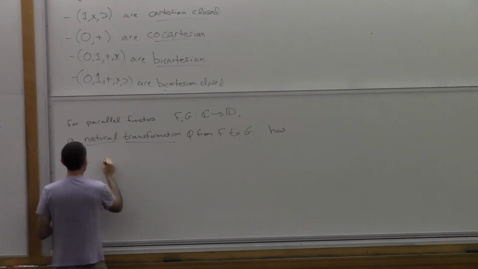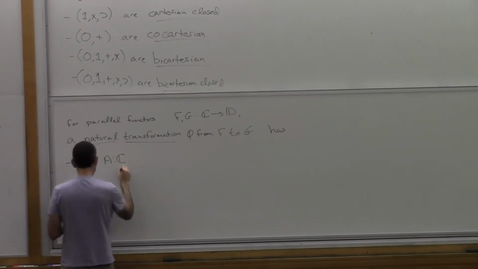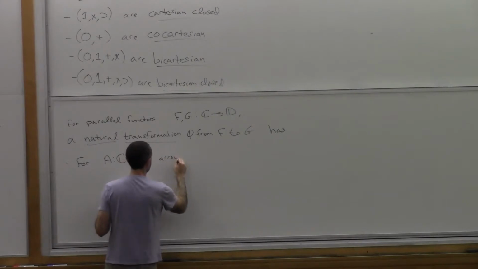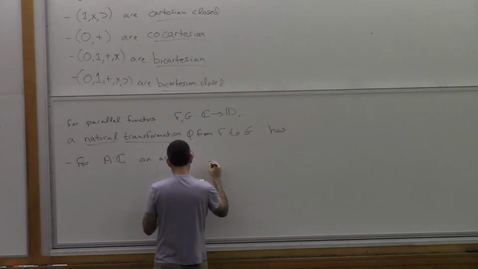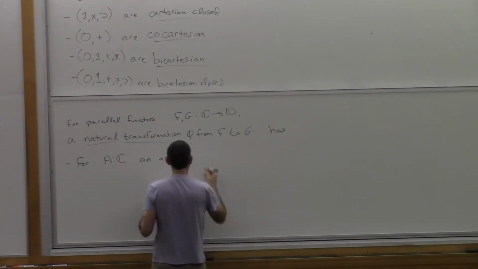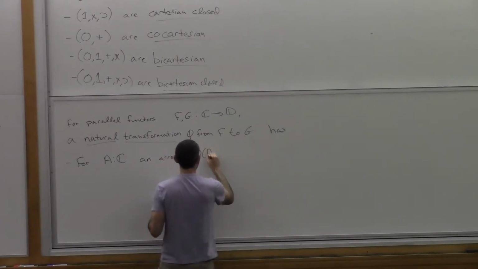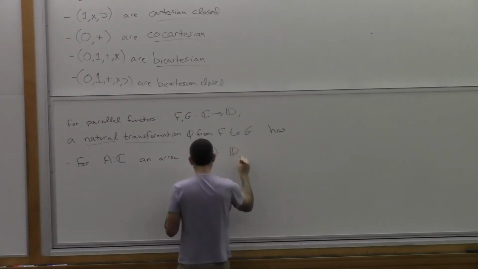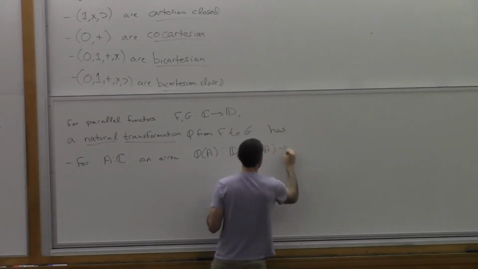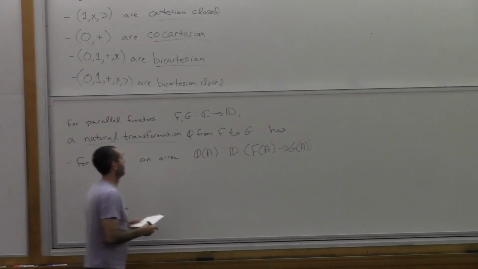For each object A in C, an arrow in D, so an arrow which is called phi of A in D, from F of A to G of A. Okay, this is called the component.